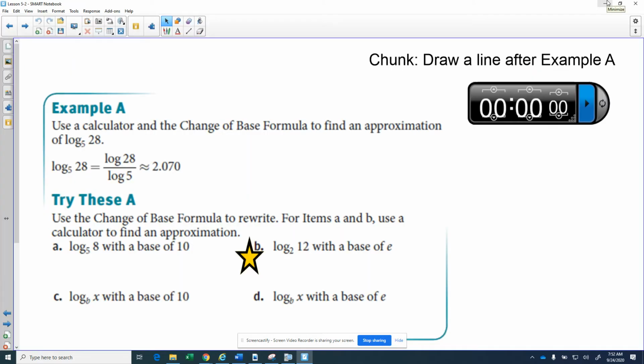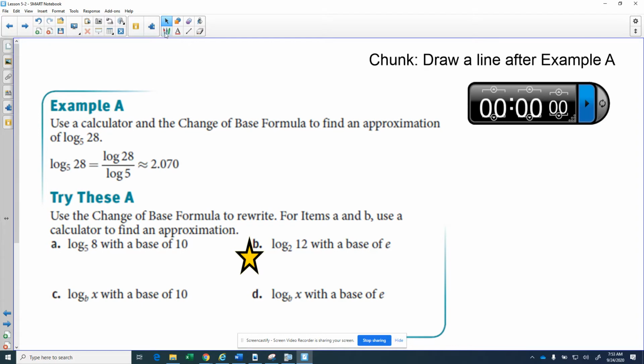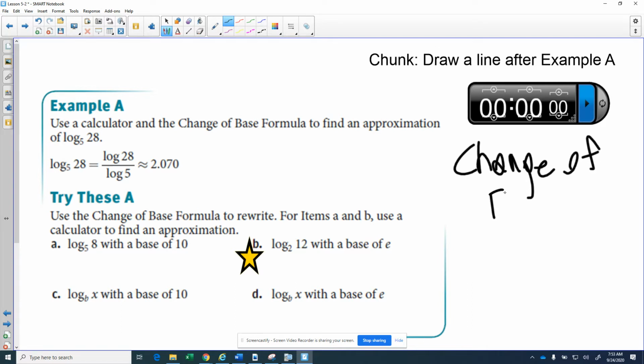Now the change of base formula, simply put, is fairly easy to solve. Anytime I'm given a log with a different base than 10, what I'm going to do is try to create an equation with a log base of 10.